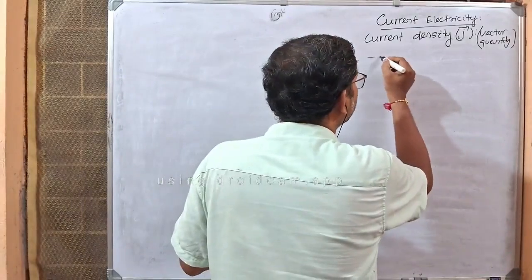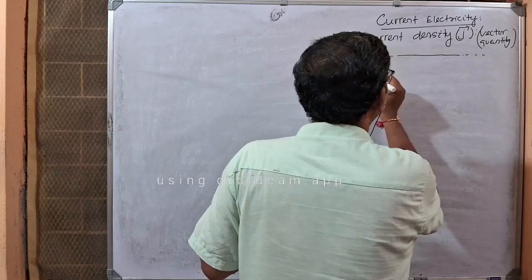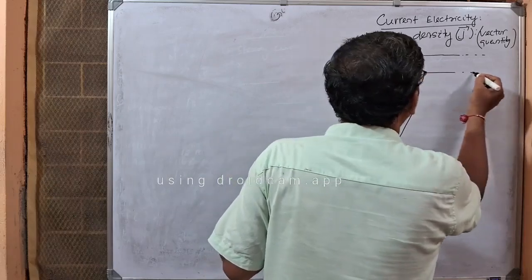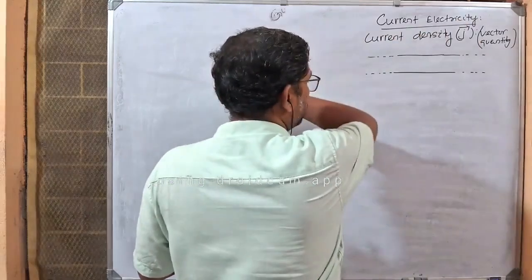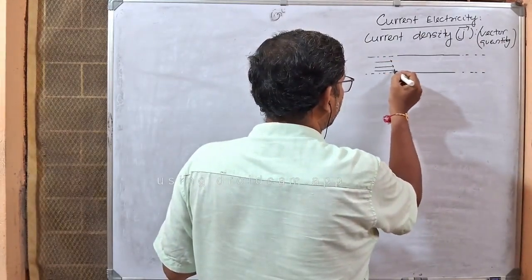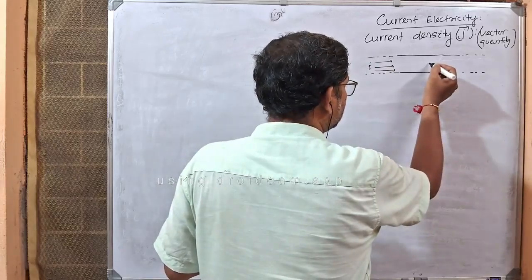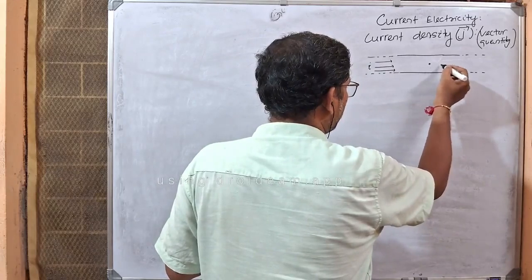Suppose this is my conductor. It's a large conductor. Charge is flowing in this direction, which means current is flowing in this direction. I have to calculate density somewhere here, at this point P.